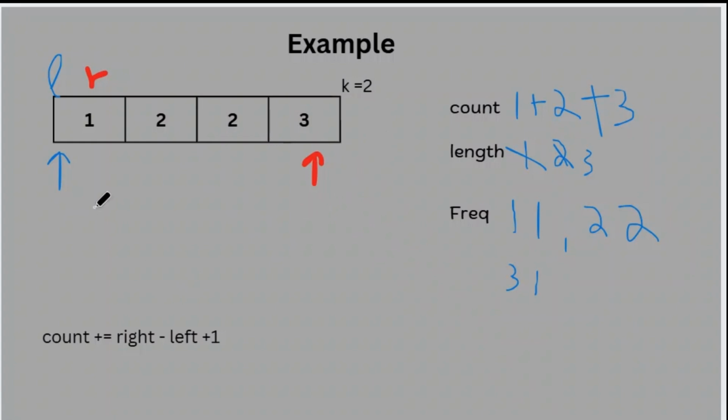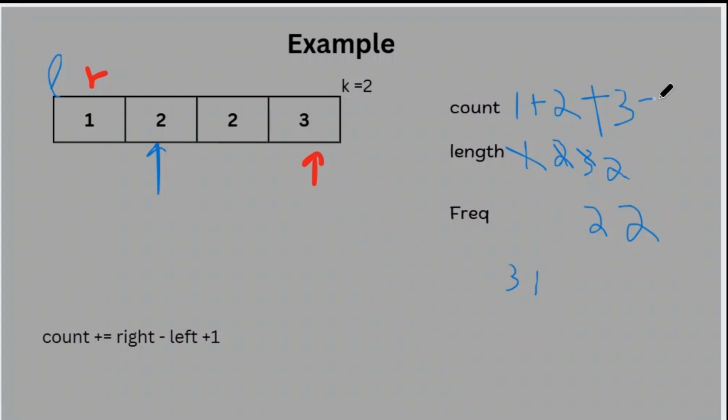So now we have to increment the left pointer. Now left will be pointing towards 2. So there is no occurrence of 1 now, so its count will be changed to 0. And since there is no occurrence of 1, this element is deleted from the frequency table. So now the length is changed back to 2, and now there is no issue.